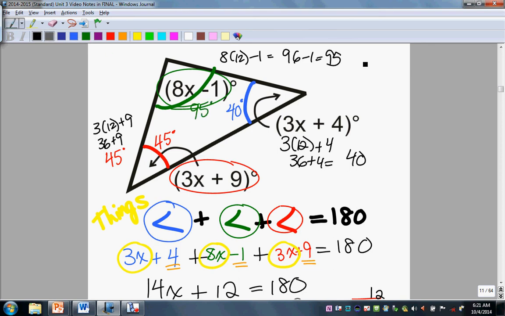And if we add all of these up, they should add up to 180. So 95, 45, 40. Here's our check. And yes, it is 180.